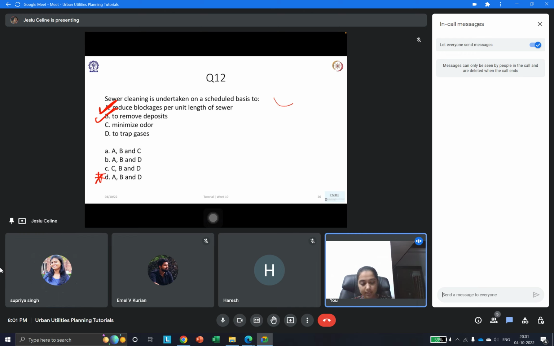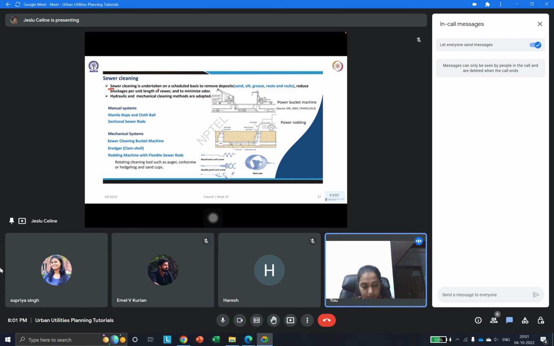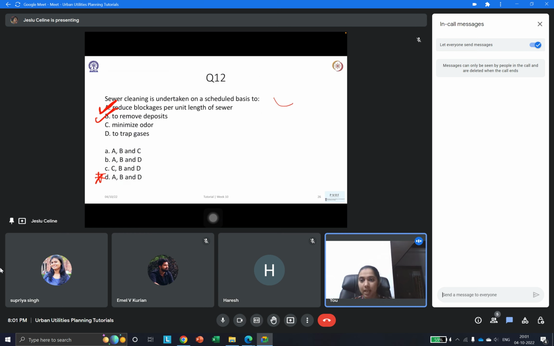Okay, so let's see what we have learned for that. Sewer cleaning is undertaken on a scheduled basis to remove deposits, to reduce blockages per unit length, and to minimize odor. For these three, we mainly use it. For trapping gases, we don't, because we don't need to clean the sewer to trap gases. In order to remove the gases which are there, we might give grills or certain pipes so that gases can come out.